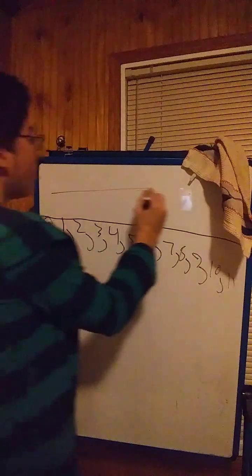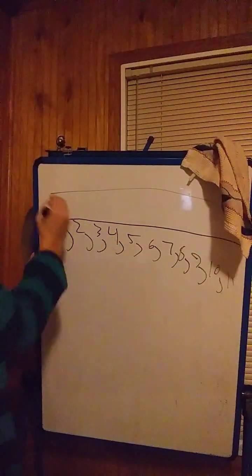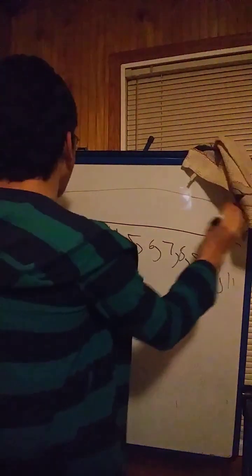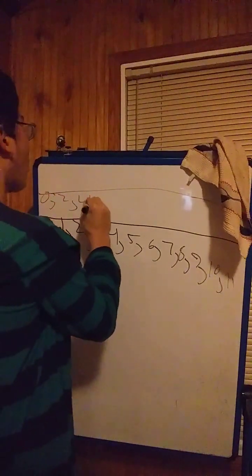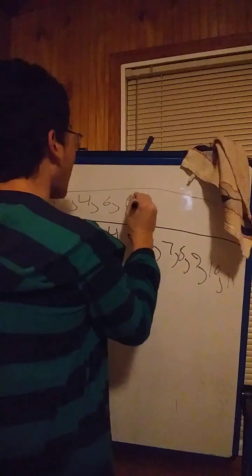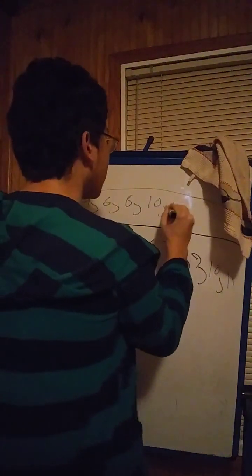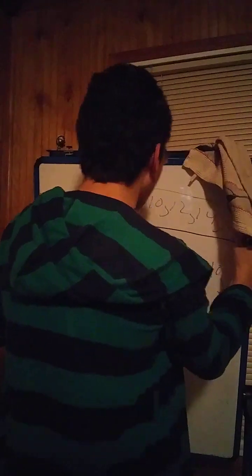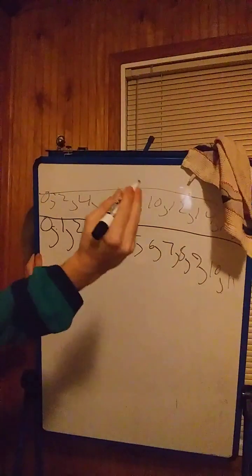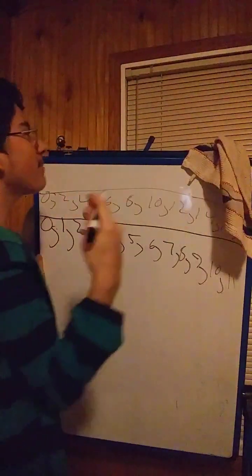There's also other number lines that go like this: 0, 2, 4, 6, 8, 10, 12, 14, 16, 18. So they're counting by twos. You could do the same for counting by threes.